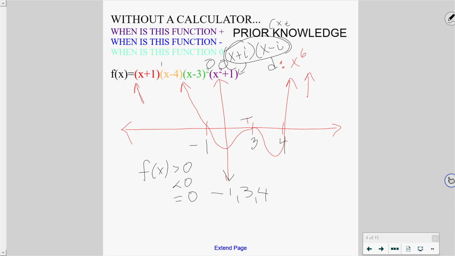Okay? Caitlin, how about greater than 0? What do you think? Greater than 0. Negative infinity, should they be both open, closed, what? Open, because it's just greater than, it's not equal to. And then Dakota, how about less than?